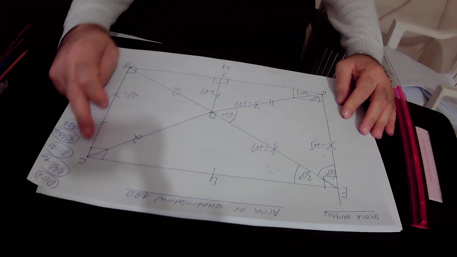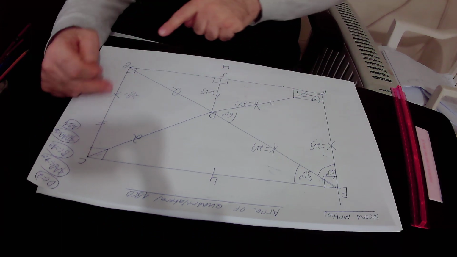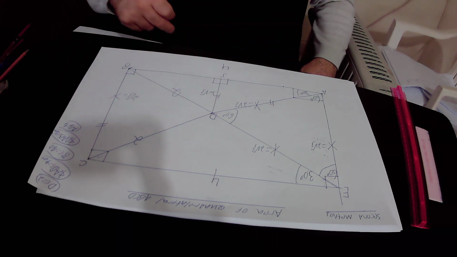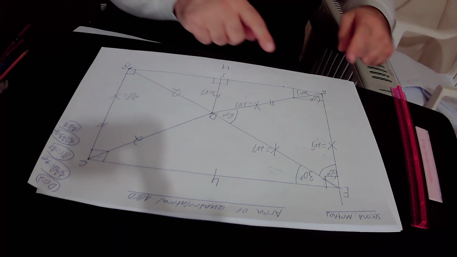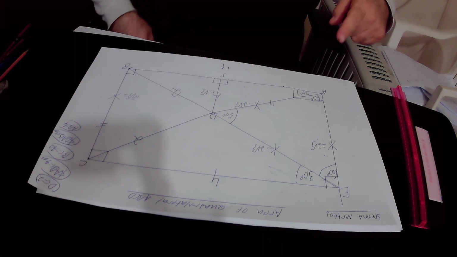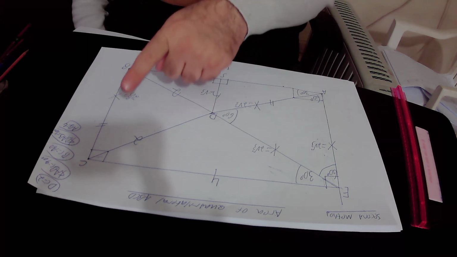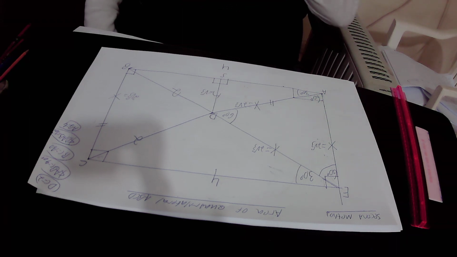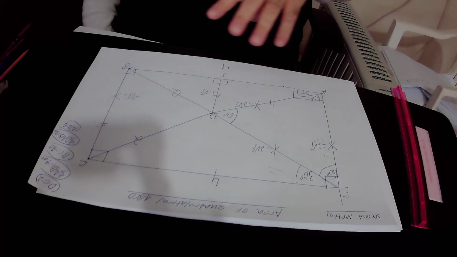And from point C, we draw a perpendicular to CB, so this angle is a right angle. And we define the intersection point between the perpendicular from point A and the perpendicular from point C as point E. So we actually created here quadrilateral ABCE.